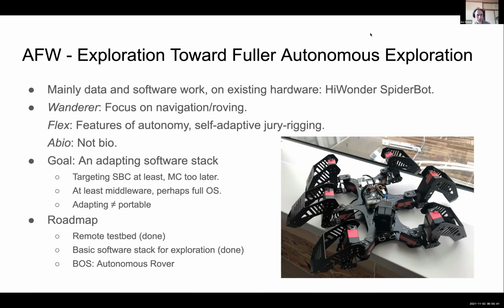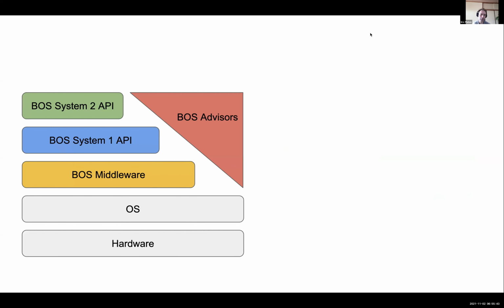About BOSS, the idea is this stack that I'm trying to show since the beginning of the project, which is kind of showing the intention. We can see the gray parts: we assume we have a hardware and a typical operating system. And on top of that, we build the middleware.